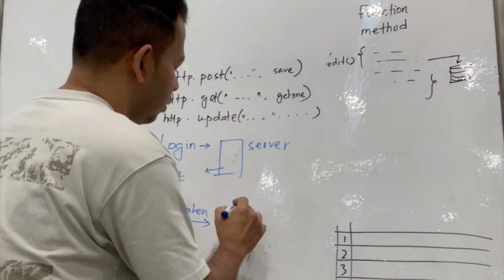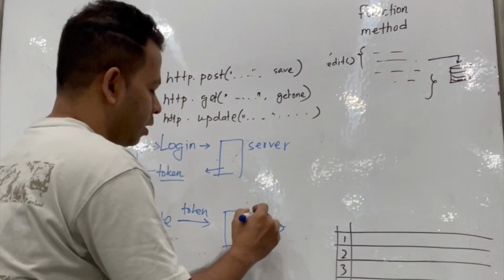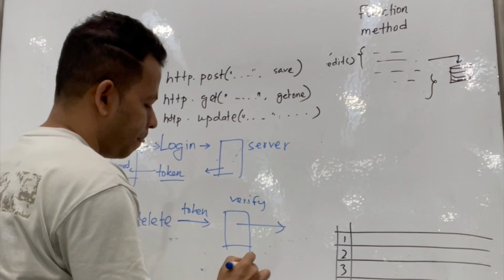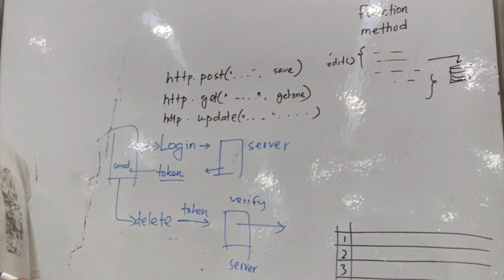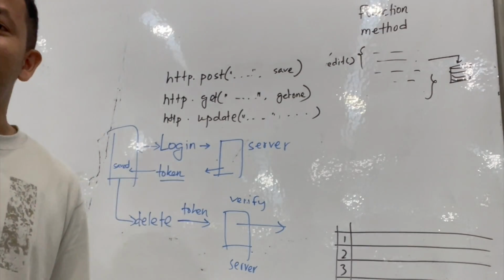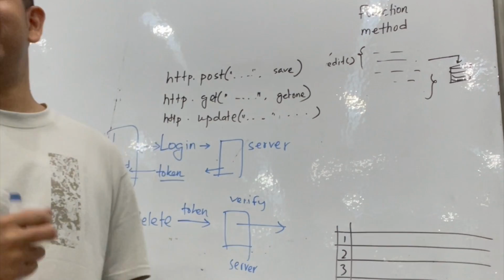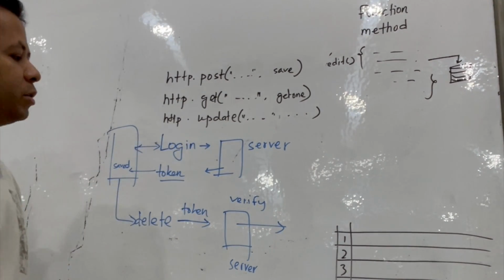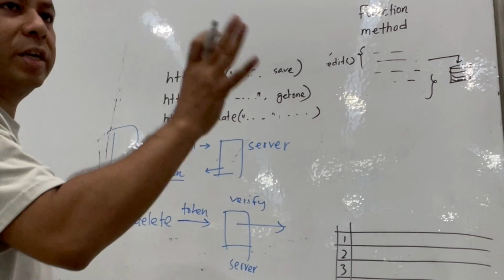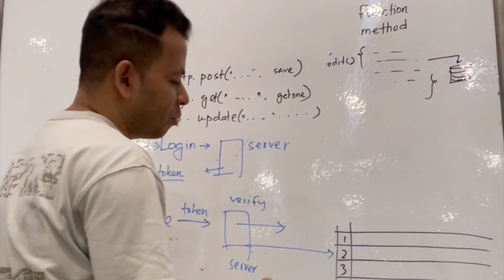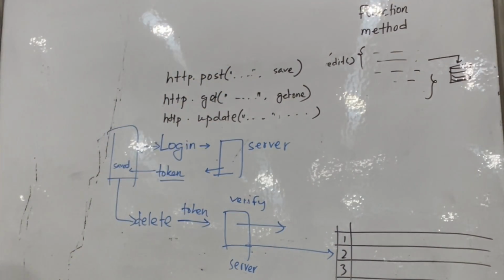The server will verify the token, to see if it's the right token or not. How does it know? Because it gave the token to you last time. The server also saved a copy. As long as you have it, the server also has it. It will try to find it from there. Okay, I found it. Now you can go ahead and delete something you wanted to delete. That's the general approach, and that's why we need the token.